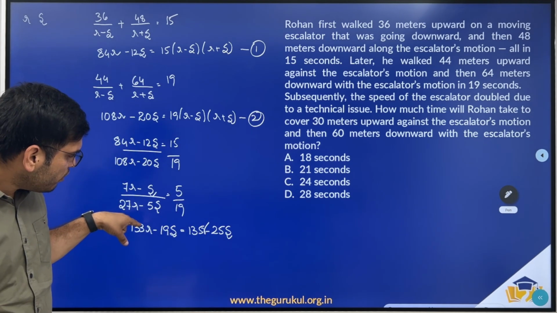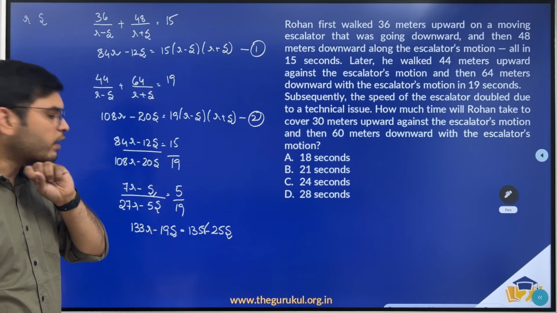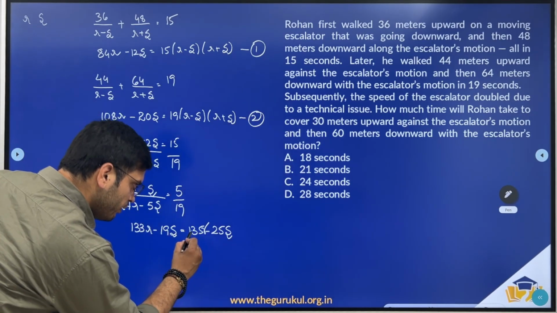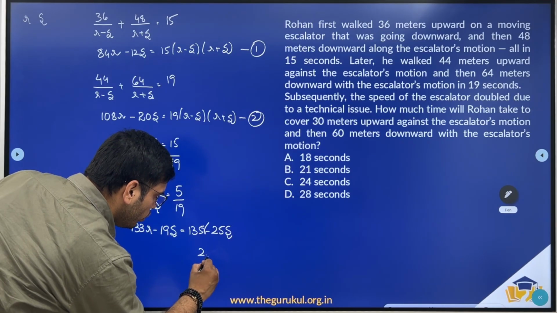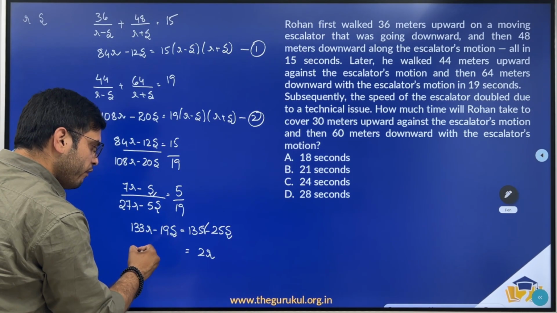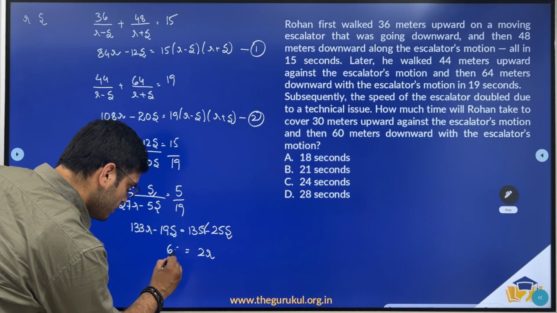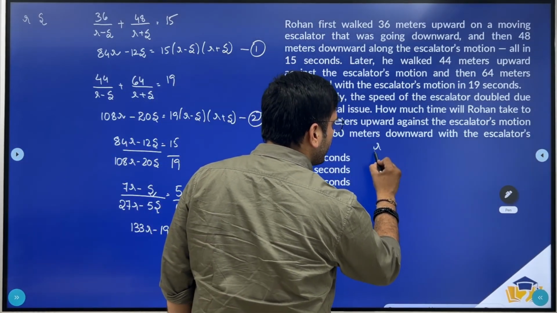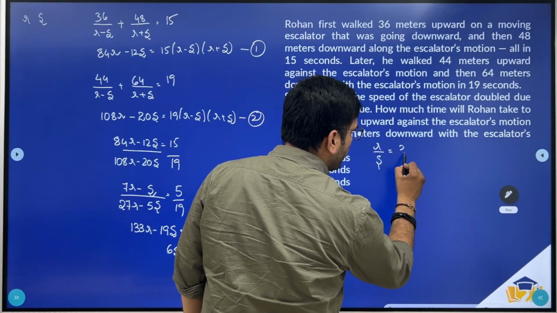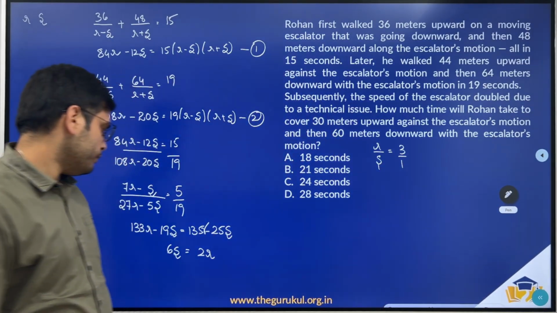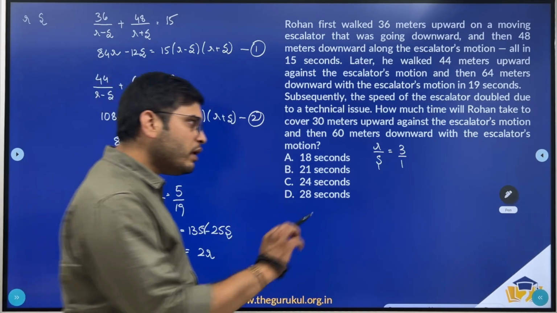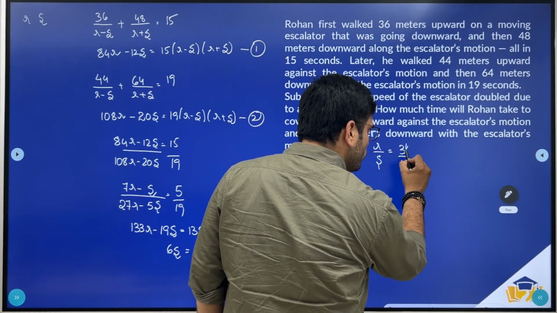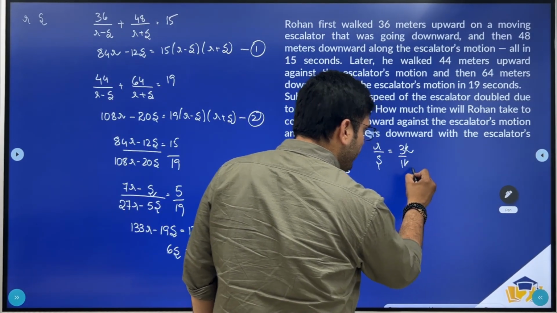Now shifting 133r to the right-hand side, you will be left with 135 minus 133, 2r is equal to 25s minus 19s, which is 6s, or r by s is equal to 3 by 1. Now let me assume Rohan's speed to be 3k and the escalator's speed will be k.